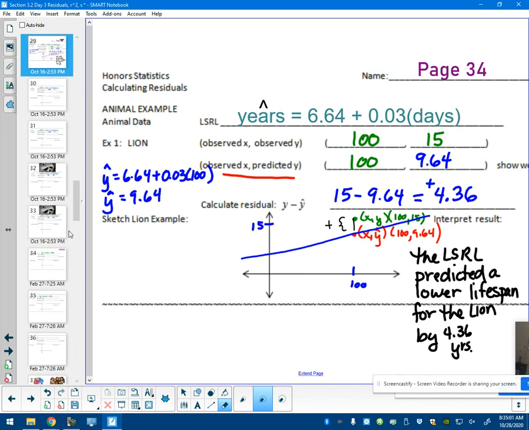I really want you guys to be doing this individually and then helping each other if you don't get the right thing.